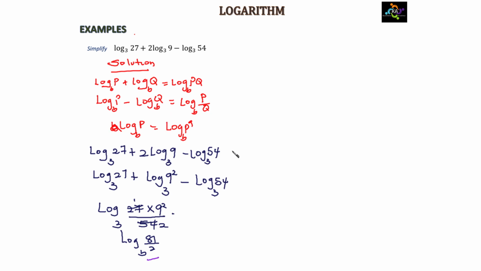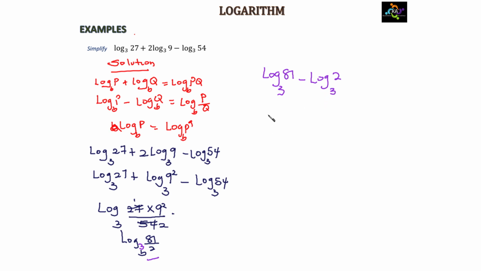Now you have log 81 base 3. Don't forget that there's a base 3 here. Now you have minus log 2 base 3.